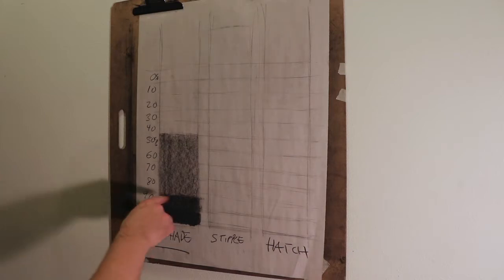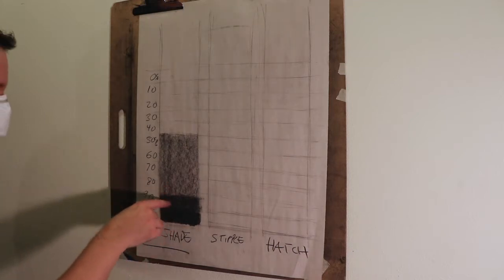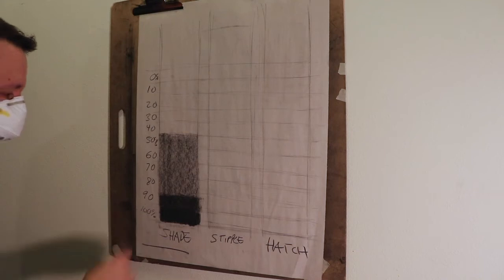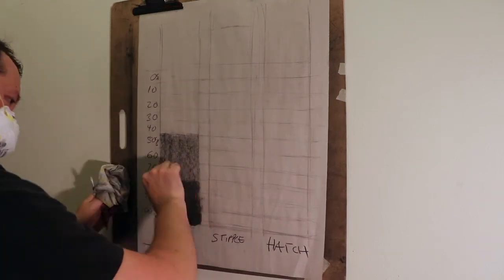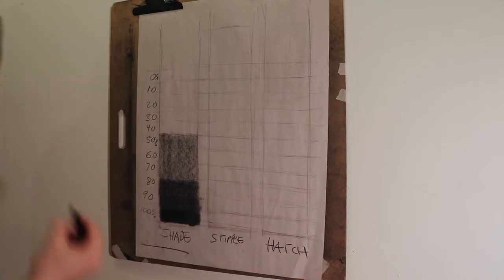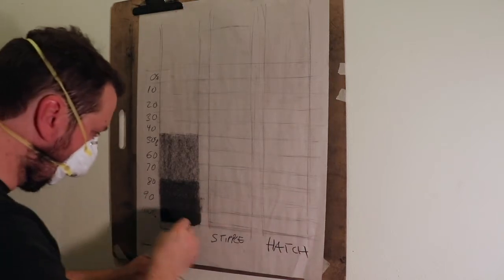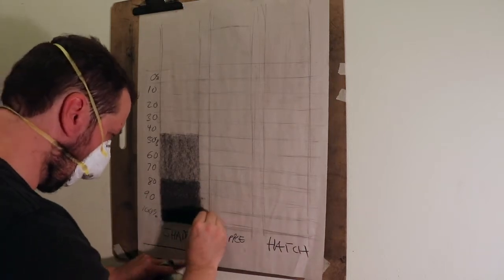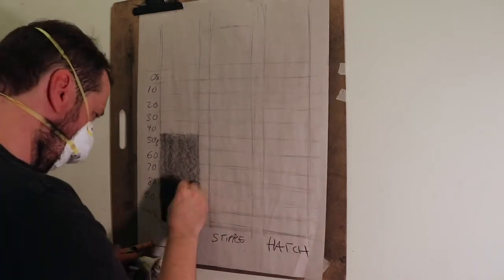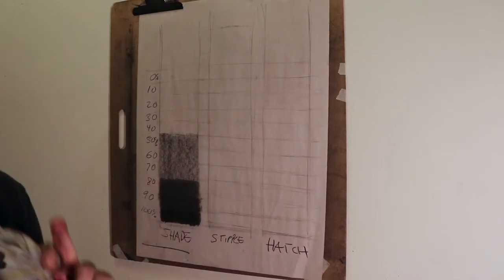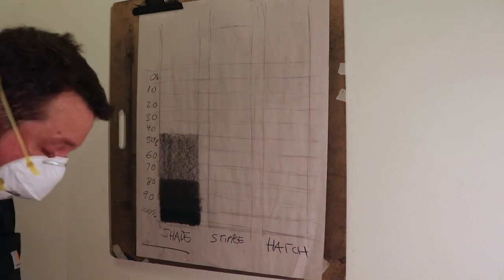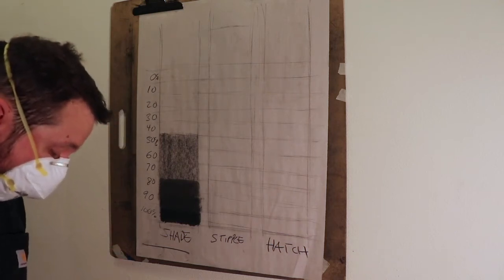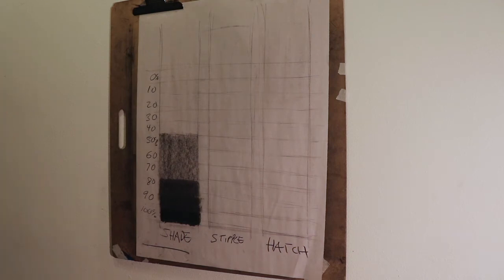All right, so now I need to figure out, what's 10% lighter than this? And I still might need to take this a little darker. So I'm putting some of the compressed charcoal on top of this to make it even darker. So this is very messy. As you're drawing, you're going to be building up a lot of charcoal in front of your drawing. So make sure that you're set up in a place that can be dirty.